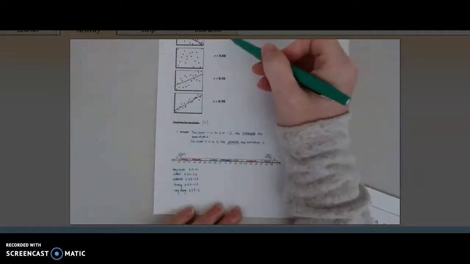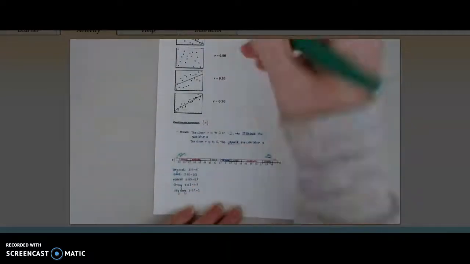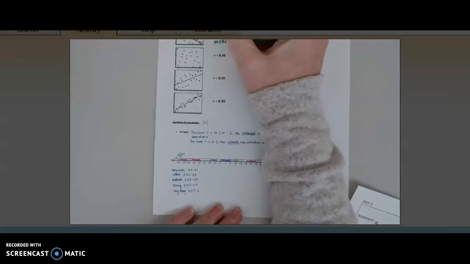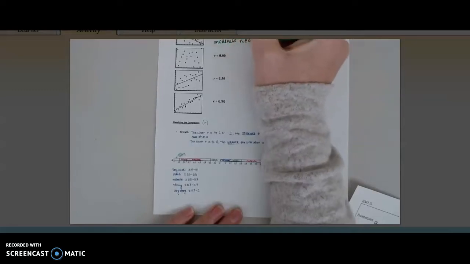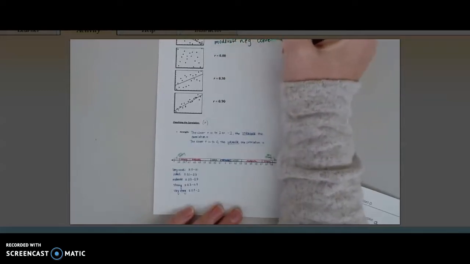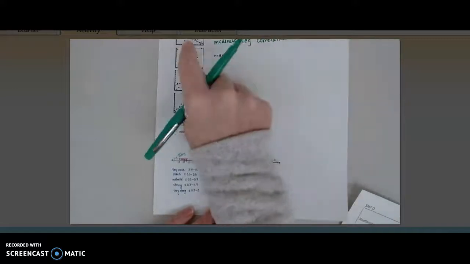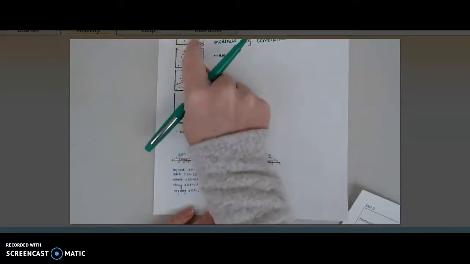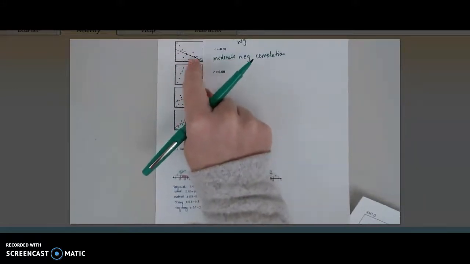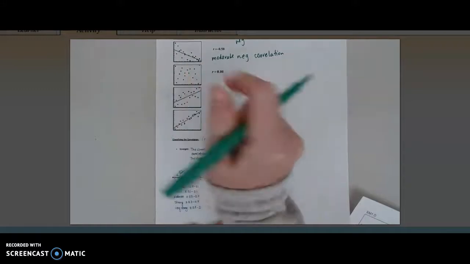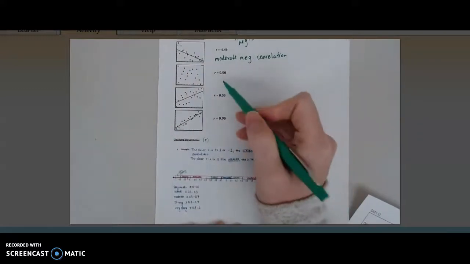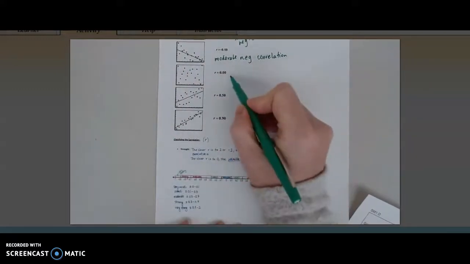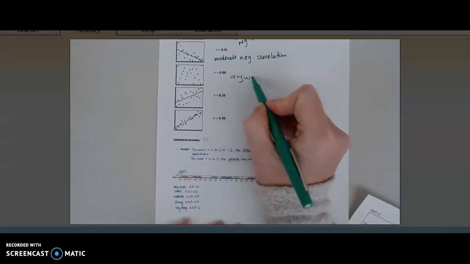If we have an r value of negative 0.5, that falls into a moderate negative correlation. It's not as strong, so we can still predict, but if you look at your data values, they're spread more apart and away from that linear regression line. If we have an r value of 0, that is a very weak correlation.